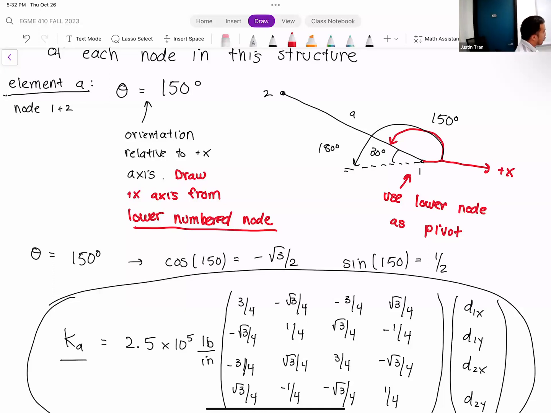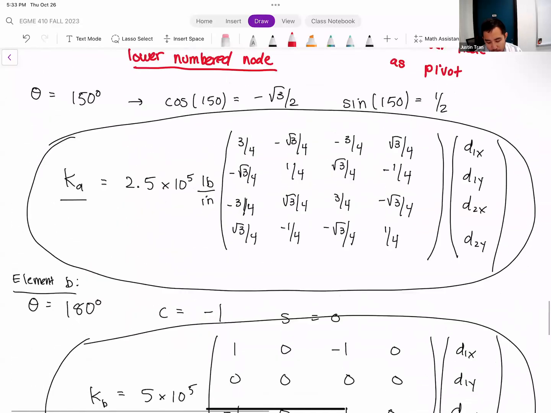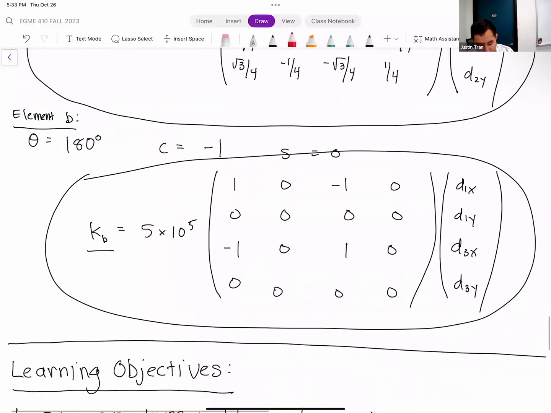If you start from a lower numbered node and start with a line parallel with the positive x-axis, the angle you put in is the amount of rotation you would do to get to the final configuration. For element A here, the angle that we need is 150 degrees, and then we computed our element stiffness matrix as such.